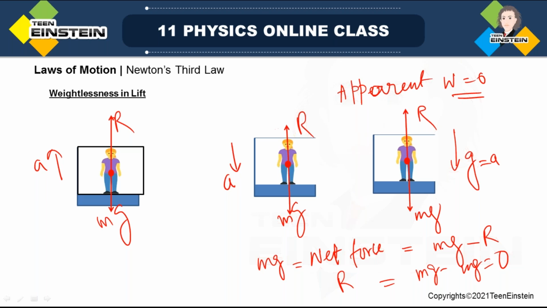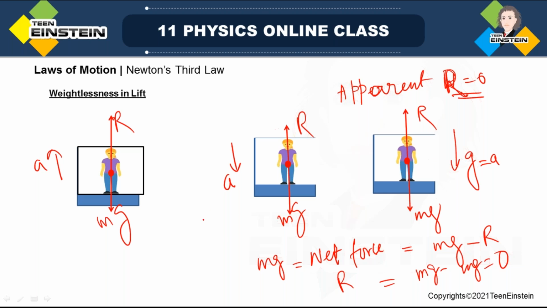Because of R only we feel the weight of our body. R means apparent weight. If R itself is 0, that means we don't feel any force on ourselves.